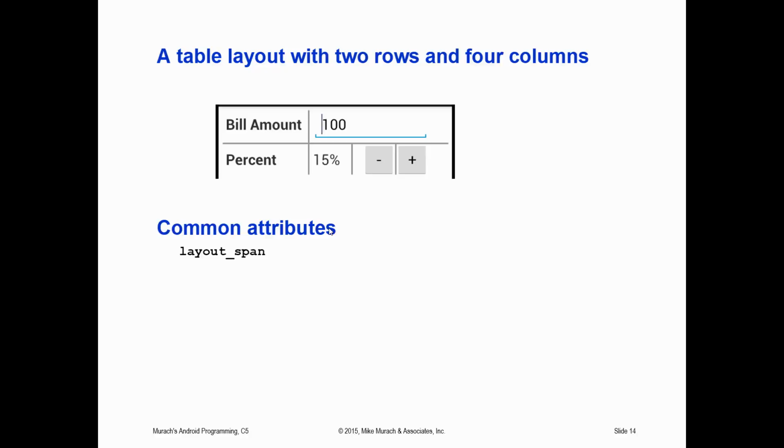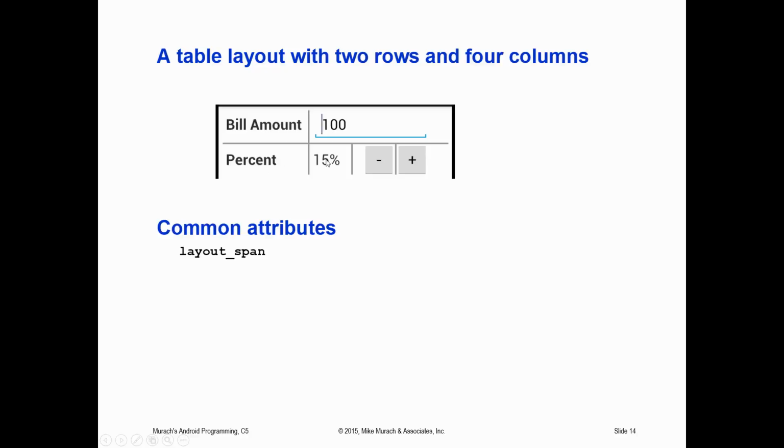Next, starting on page 128, the author talks about a table layout. If you need to create a user interface that displays controls in a grid where you at least somewhat have more control, you might use a table layout, and that's what they're showing here. This is a table layout where these are the first two rows. This row has 1, 2 columns.